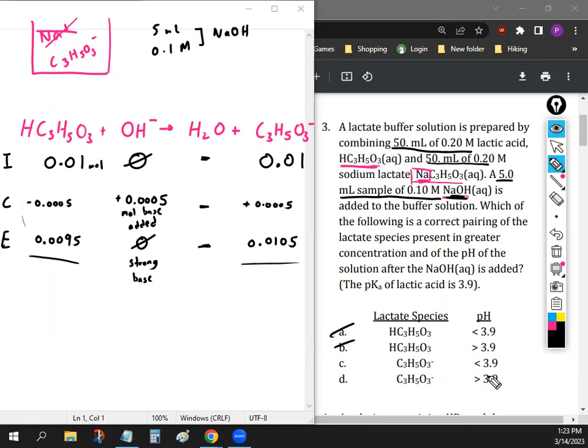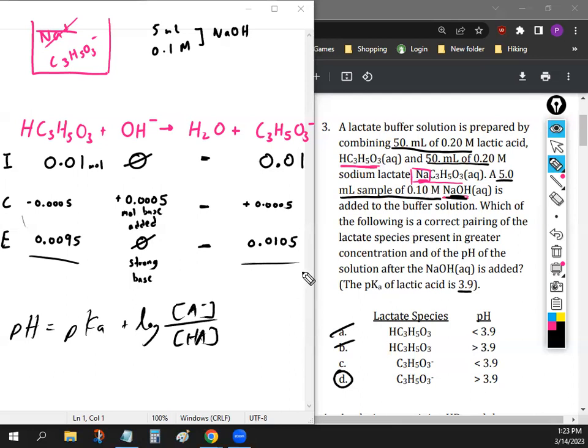So your answer will be D, because lactic acid's 3.9 is going to go up a little bit, so it'll be a little greater than 3.9. If you wanted to do the real calculation, you can use pH equals pKa plus the log of this. You could plug this into the bottom, this into the top, find the log, add the pKa, and it's about 3.94. So it barely changed.